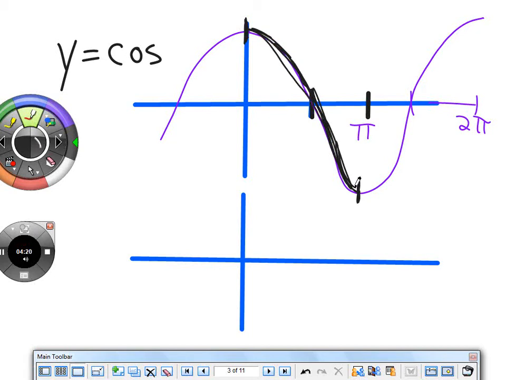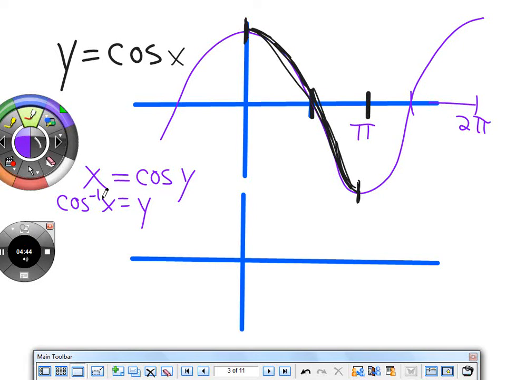So this is y equals cosine x. If we switch the domain and range, then we would have the inverse function, x equals cosine y. And if we isolate the y, then we're going to have the graph of inverse cosine x, y equals inverse cosine of x.